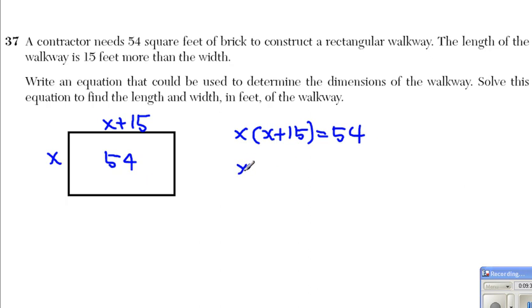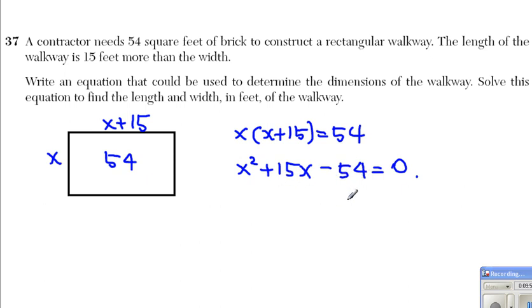Now, multiplying everything out, we get x squared plus 15x minus 54 should be equal to 0. Now, which two factors, when multiplied, give negative 54 and add up to 15?